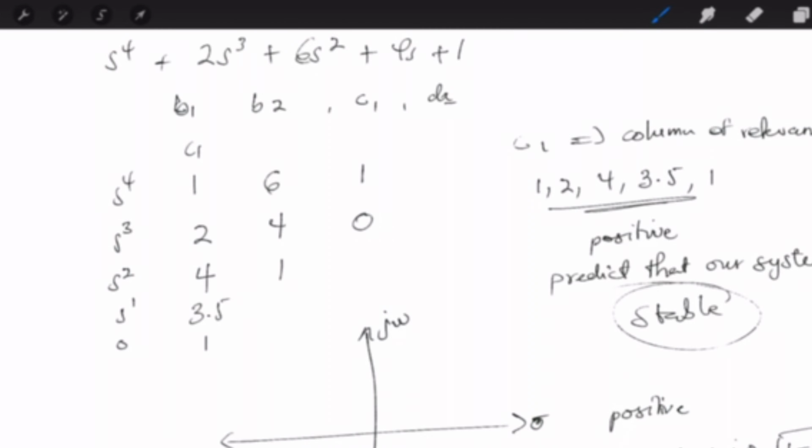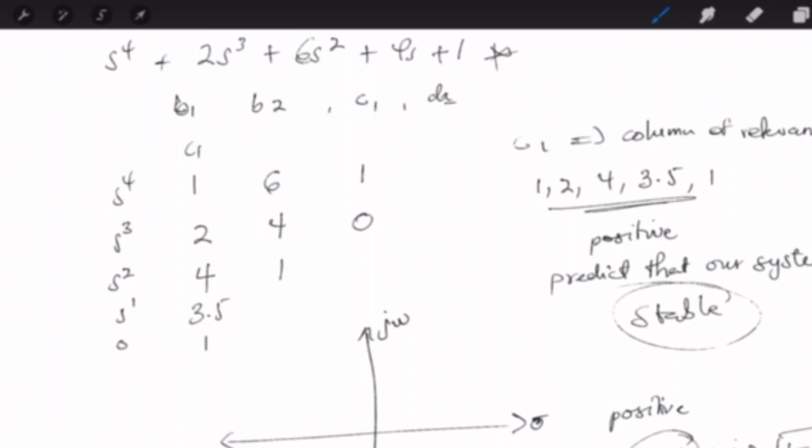And because our coefficients from the column of relevance are all positive, without solving the characteristic equation, we can see that all our roots are going to be negative. Thus, our real part is going to be negative.